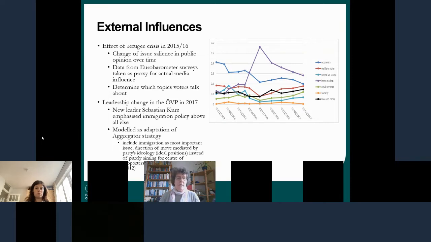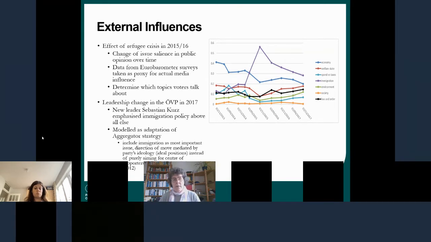And we have taken data from the Eurobarometer surveys as a proxy for actual media influence. And this is used to determine which topics voters would talk about when they interact with each other. And in this graph, you can see the sudden spike in the interest of the immigration topic, that is this purple line, in 2015 and 16.